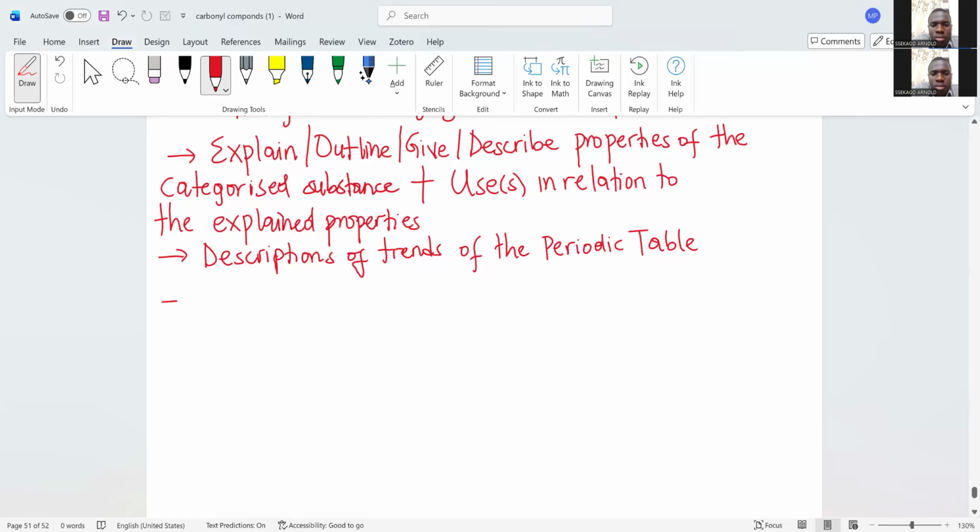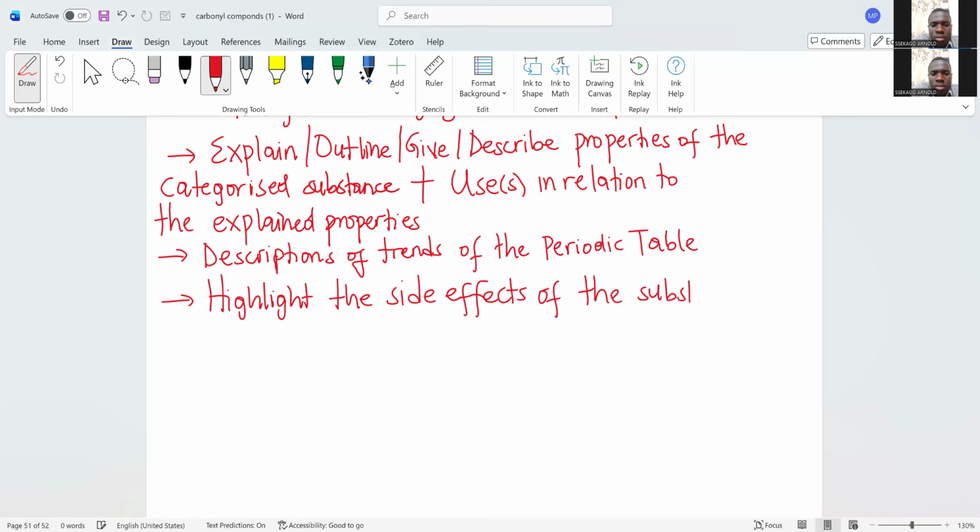Then the other thing is you are also tasked to highlight the side effects of the substance. Highlight the side effects of the substance plus their mitigations.